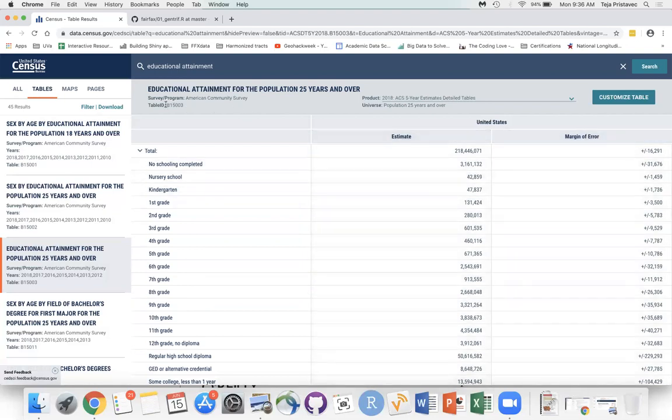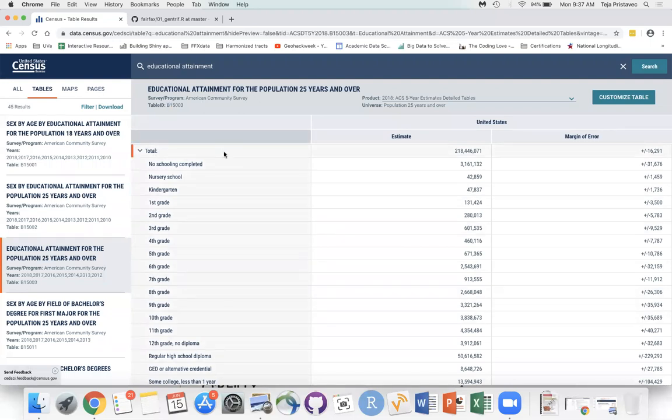Another thing to pay attention to, here's your table ID, right? We talked about these designations before. B means that this is a detailed table. Then I have the topic here, which is 15, which is educational attainment. And then the table ID number is 003. What I'm gonna need when I do my API pull is this whole number. And then one trick to know is that when this information comes in, or if you want particular rows from this table, the way that these are numbered is, this row is the first row, right?